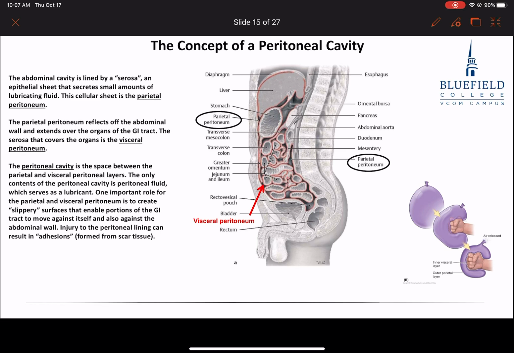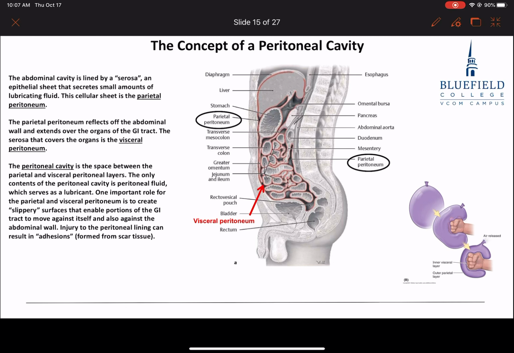But then when you look around here, you see all these spaces between these transected portions of the GI tract. That's also peritoneal cavity. As we'll see later, when you look at a cross section through someone that's had an MRI or something like that, there's almost no space. The space is all taken up by the GI tract.